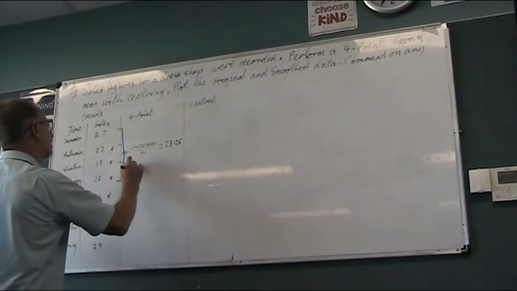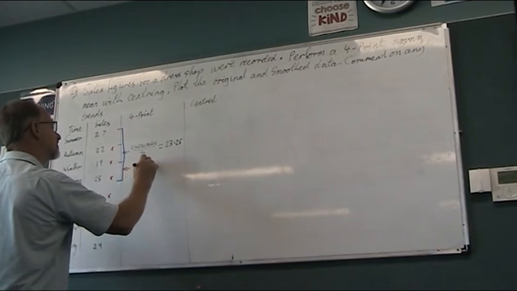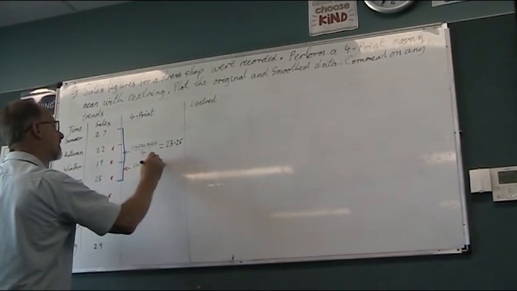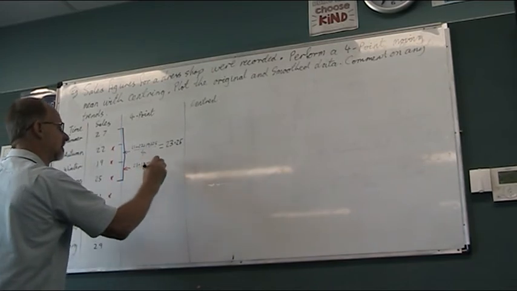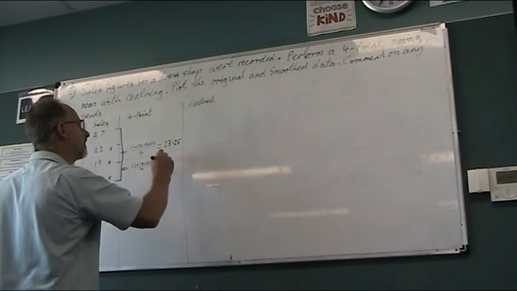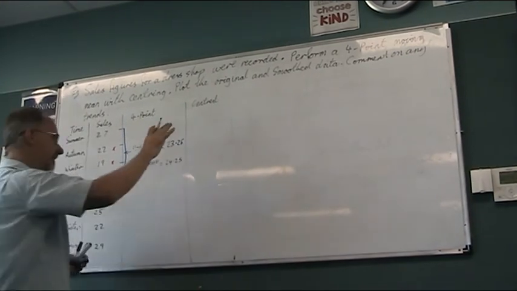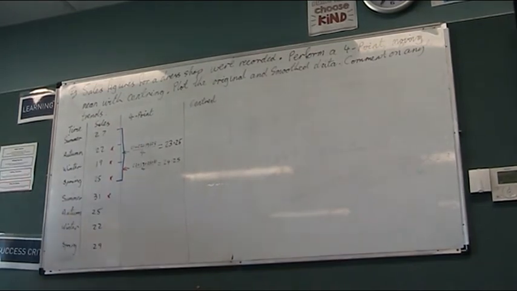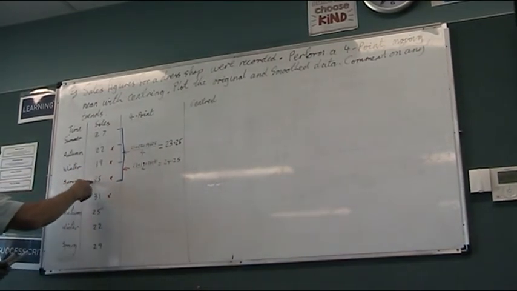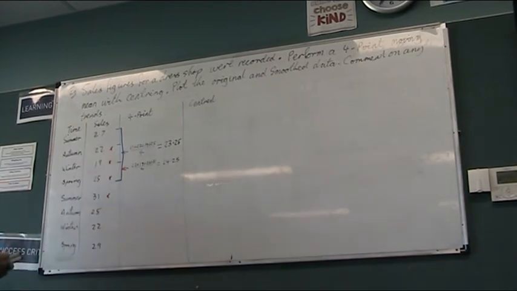So add those: 22 plus 19 plus 25 plus 31 divided by 4. When you work that out, you get 24.25. Again, we'll worry about rounding later. And you continue, so we go to the next 4.